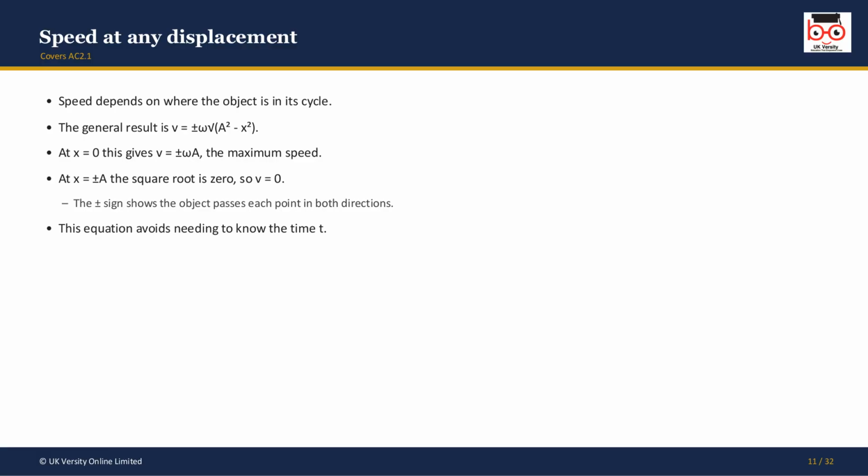When the displacement equals the amplitude, the square root is zero, so the speed is zero. The plus or minus reminds us the object passes each point traveling in both directions, and handily, this equation doesn't need you to know the time.